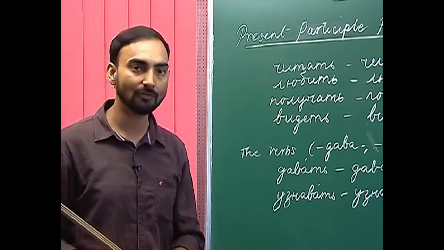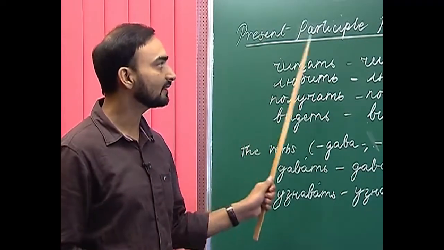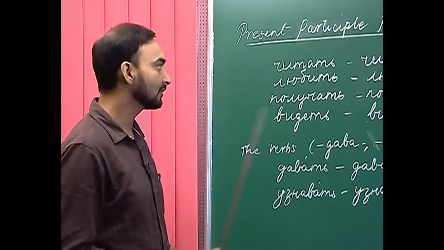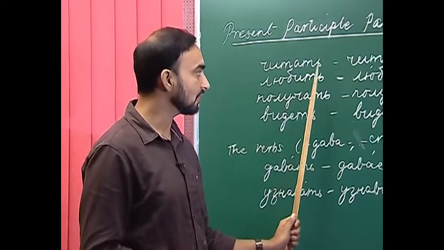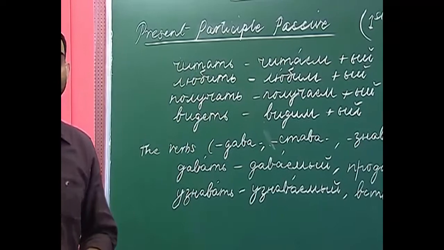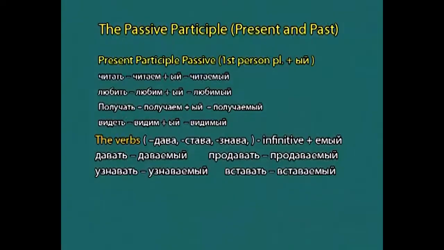How do we form the present participle passive from these verbs? The rule is very simple. The first thing you have to do is take the conjugated form of these verbs in the first person plural. So, with мы, if we conjugate the verb читать, what do we get?